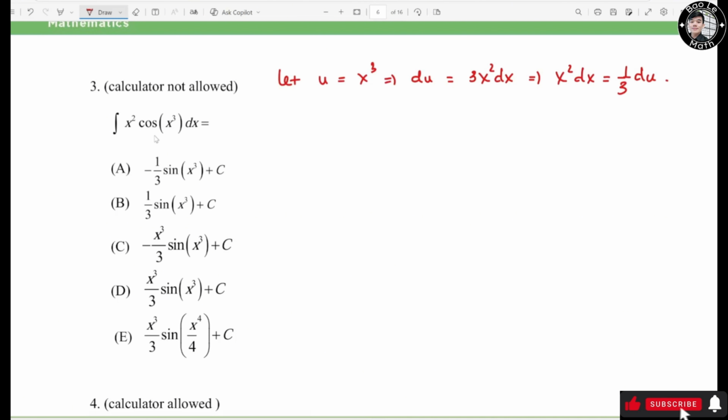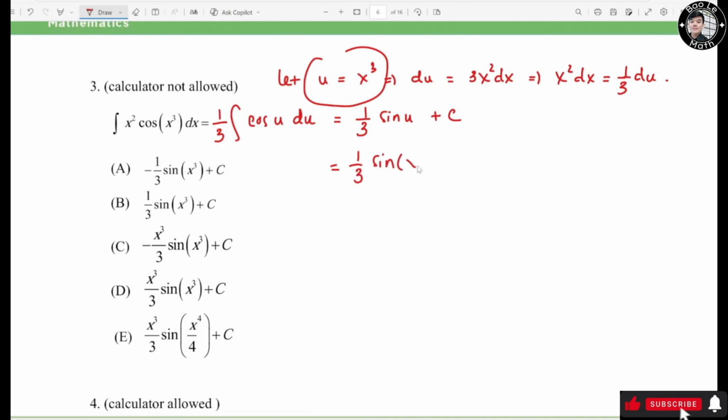So this becomes the antiderivative of cosine u du, and don't forget to put 1/3 right here. So it's going to be 1/3 sine u plus c. But u equals s cubed, so it could be 1/3 sine of s cubed plus c. The answer must be B.